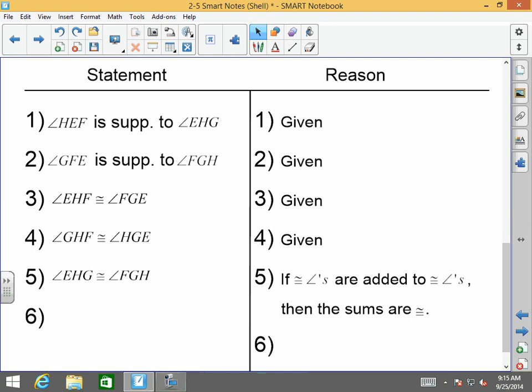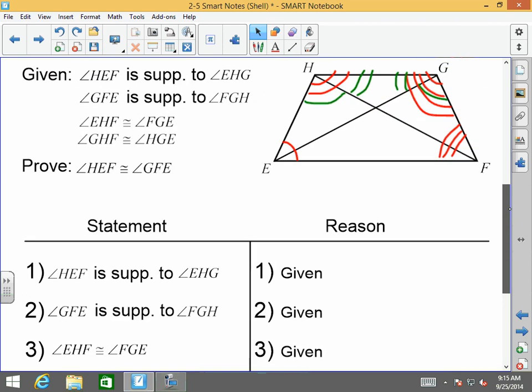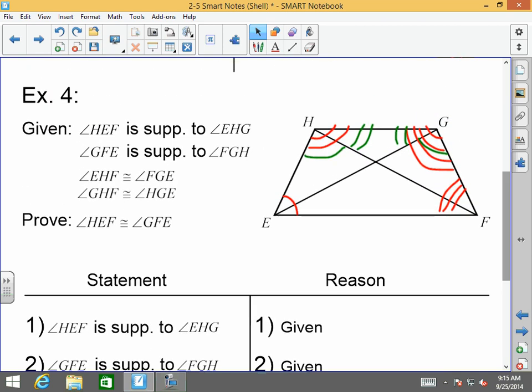And once I know that those two guys are congruent, I can now prove that HEF is congruent to GFE because supplements of congruent angles are congruent. Now, if I look at the figure here, what I figured out was that this guy is congruent to this guy because of angle addition postulate.